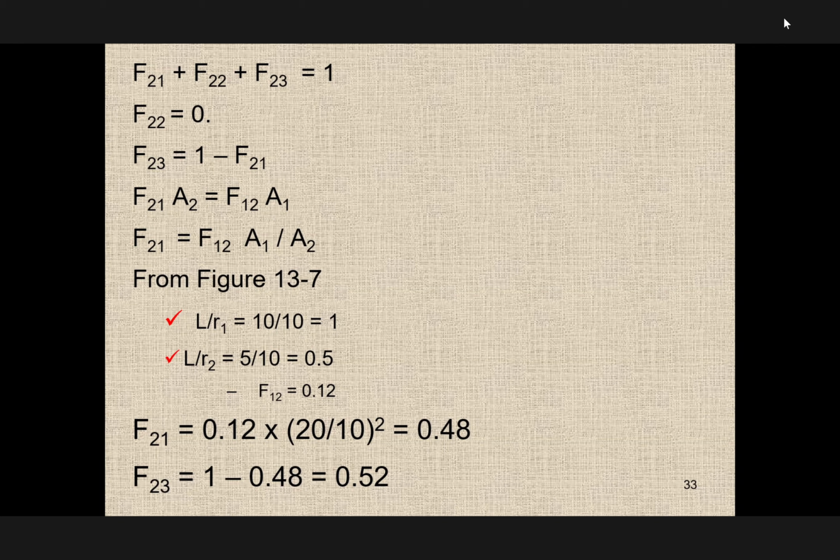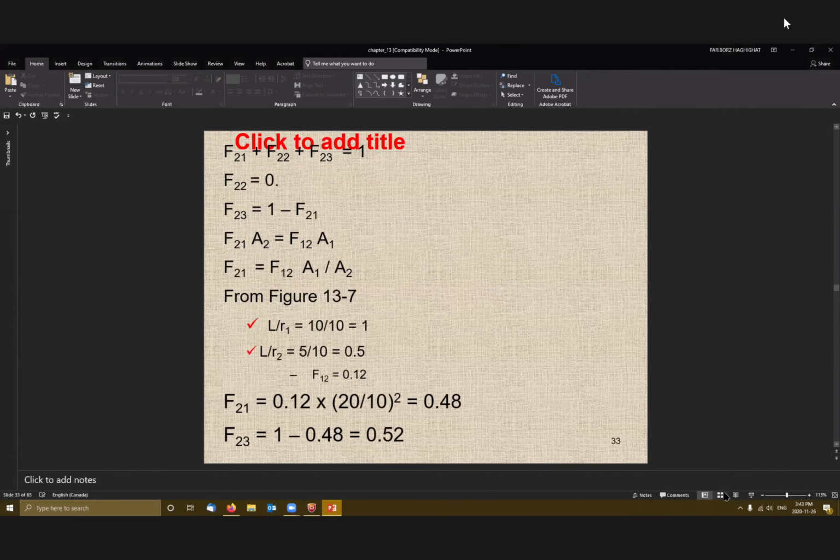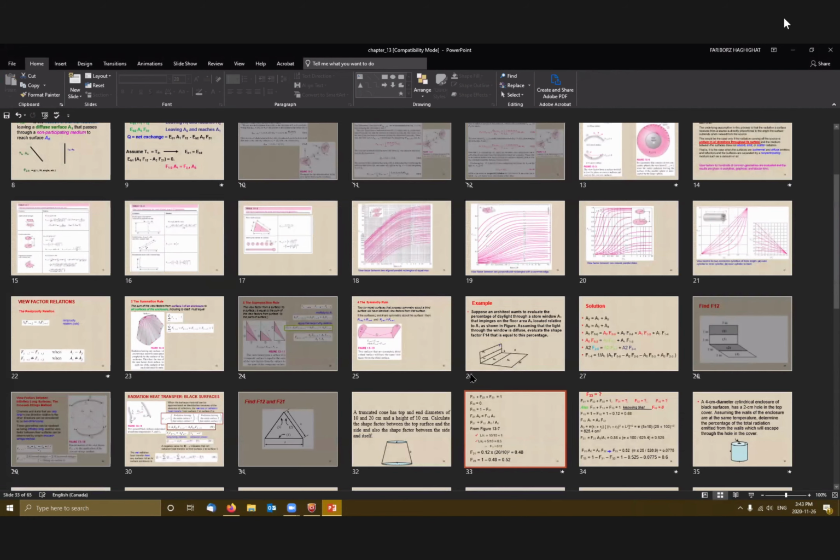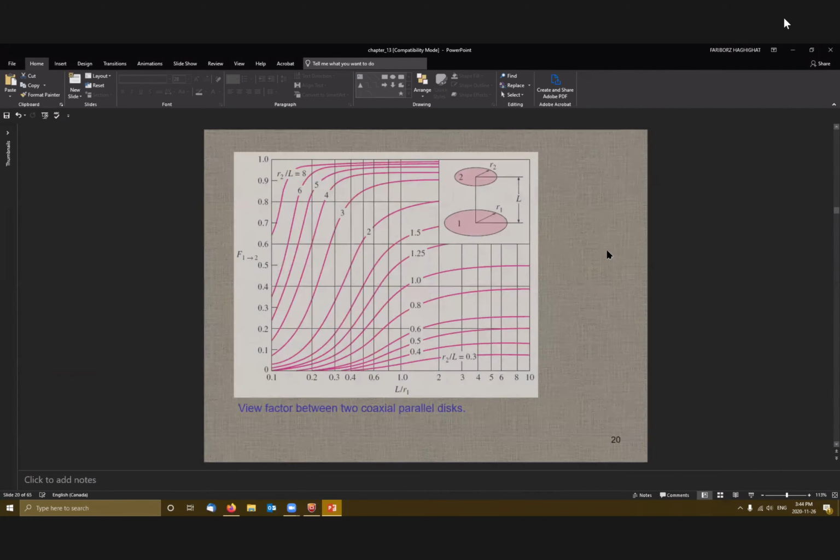For the equation you used L over R1 and then L over R2. Maybe it changed in the editions, but I'm pretty sure for the most recent edition, you have to use R2 over L for the second equation, which would lead to a different shape factor F1 to 2. Let me go back and look at what you're saying. You're mentioning this one, right?